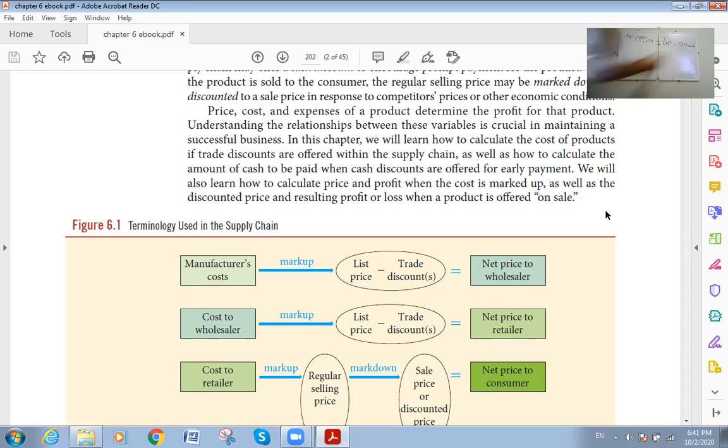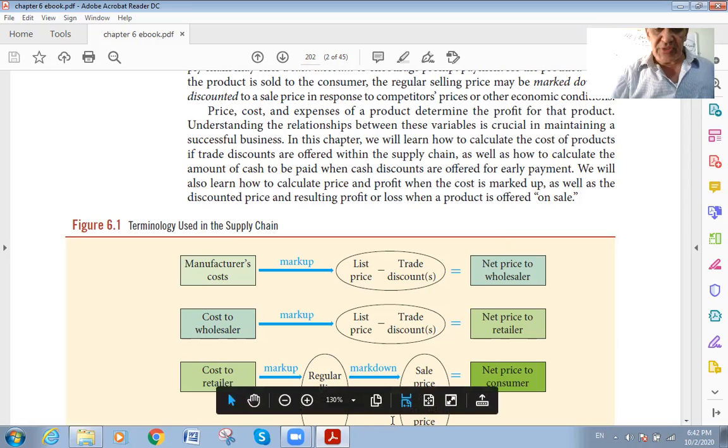The list price is the price of the product itself, which is written on the barcode outside. And the discount is the discount which you will take for this product.